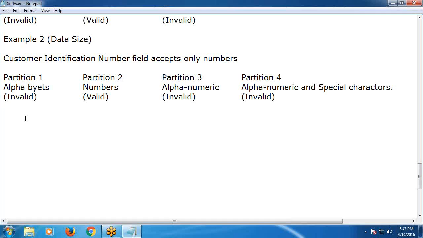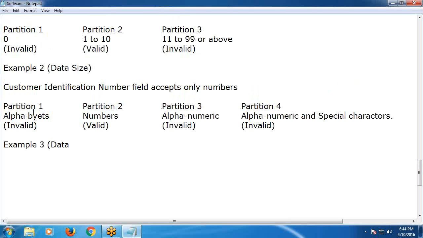Next example, example 3. Sir, I have a question. Is example 2 data size or data type?